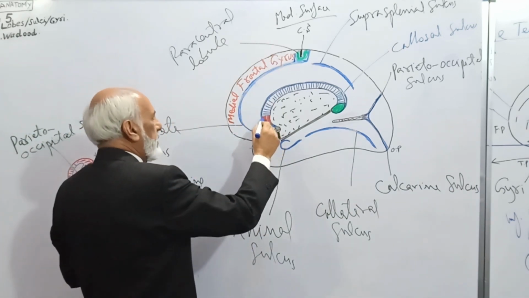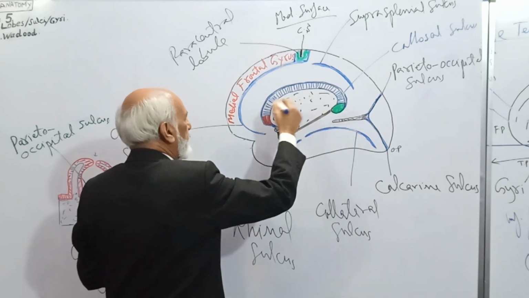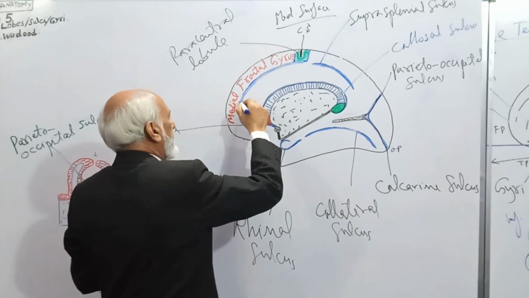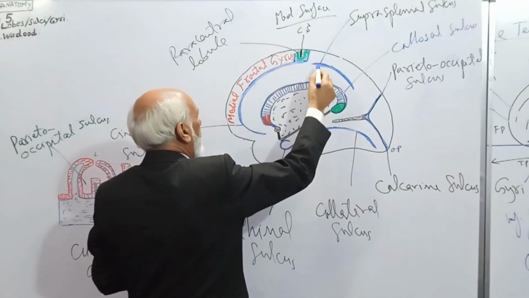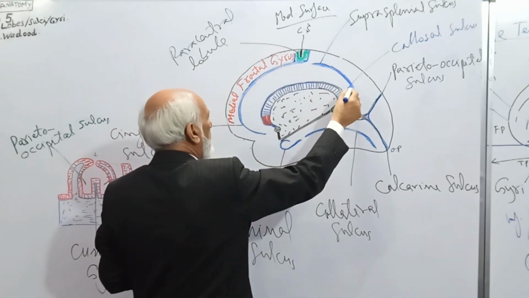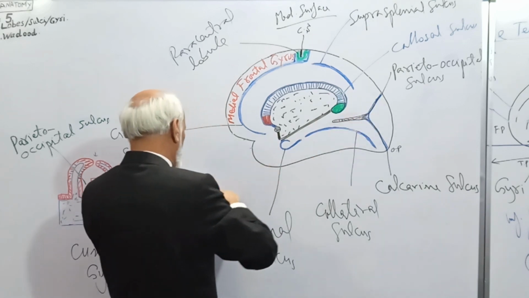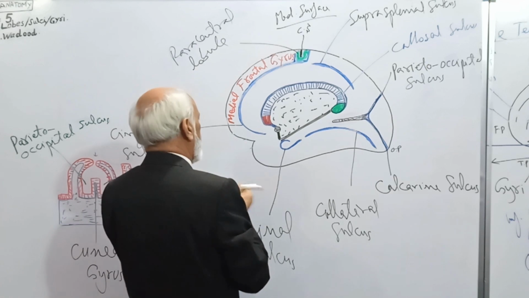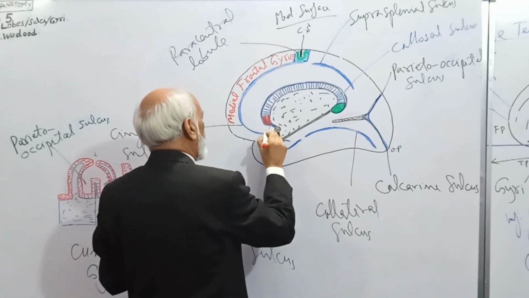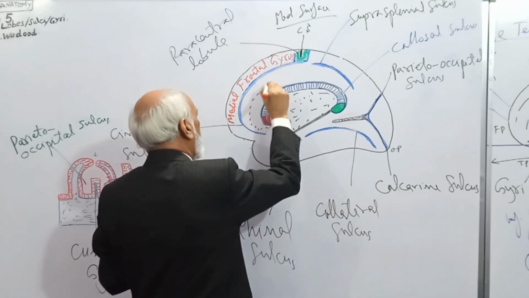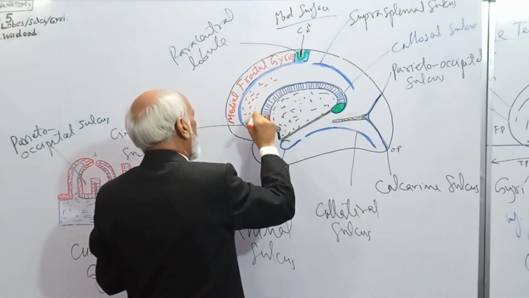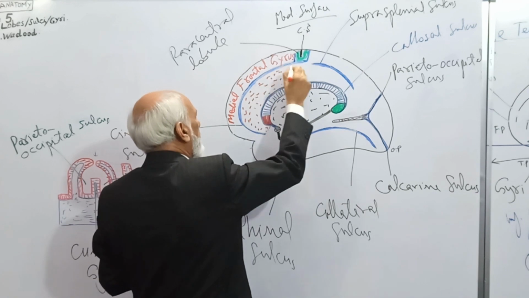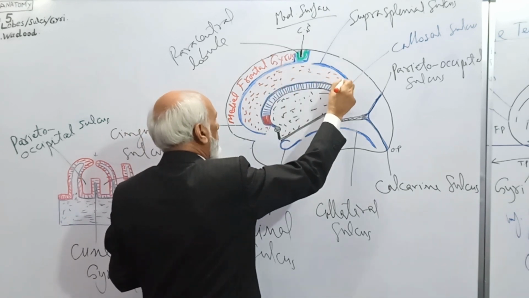Then between the callosal sulcus, which is around the corpus callosum, and the cingulate sulcus, and then suprasplenial sulcus, and here parieto-occipital sulcus, there is a curved gyrus starting from below the rostrum. This large curved gyrus follows the curvature of the corpus callosum.